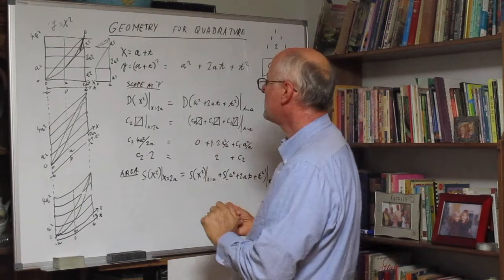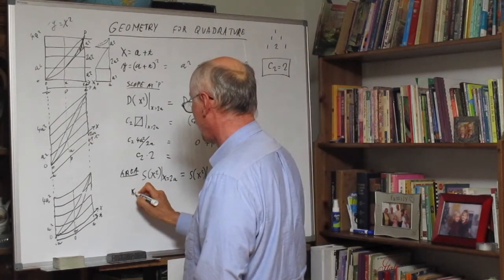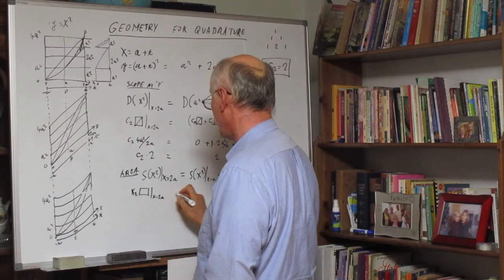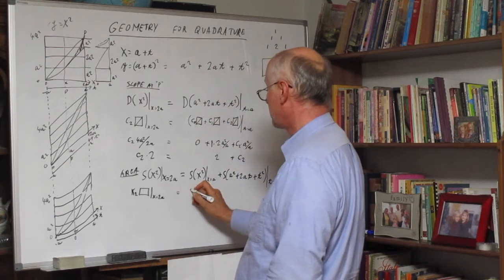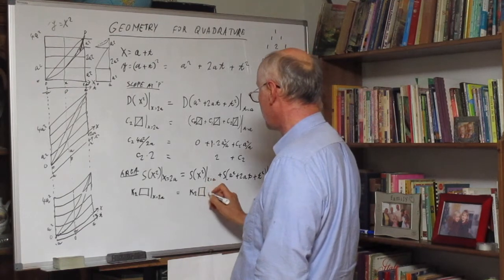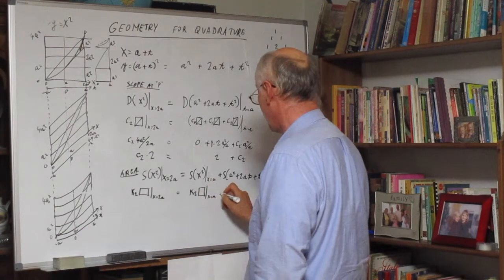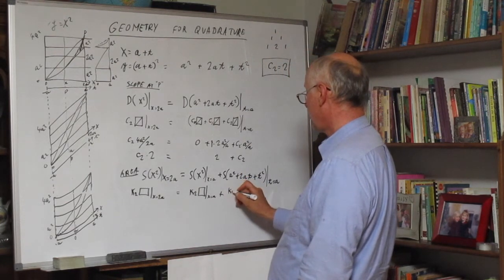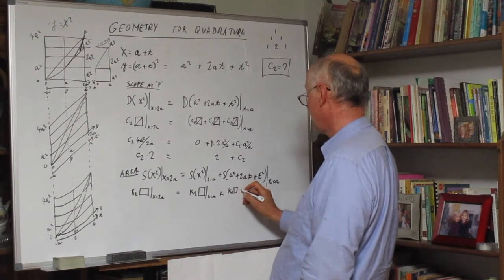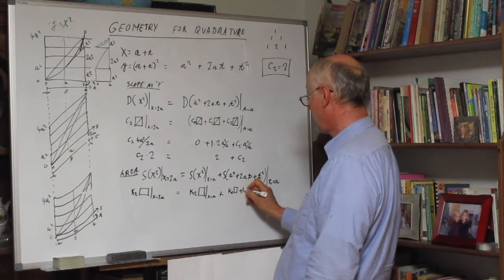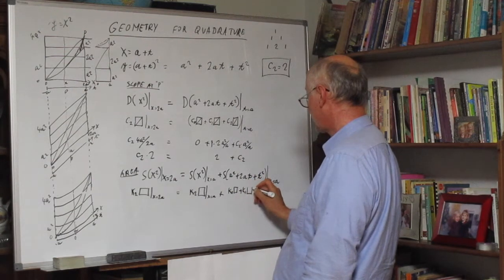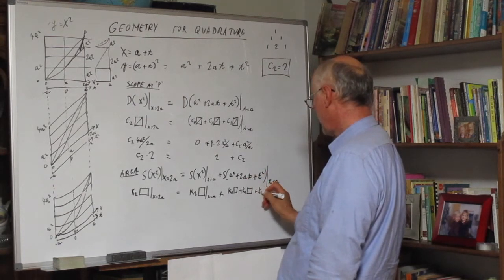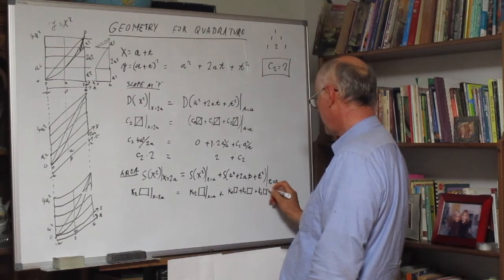Okay, so this will look like K2 times the box evaluated at x equals 2a equals, well, this is K2 times the box of this thing evaluated at x equals a plus, well, this one is K0 times his box, right, that's the rectangle, plus K1 times, that's the triangle, the linear, plus K2 times his box.